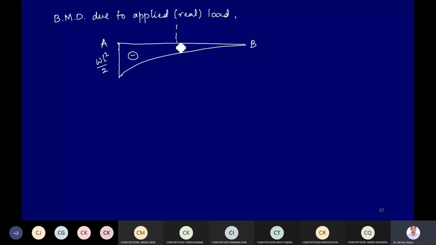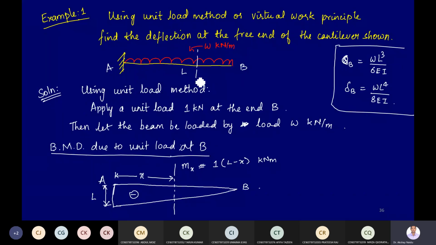But at any point X, how do you calculate capital M?